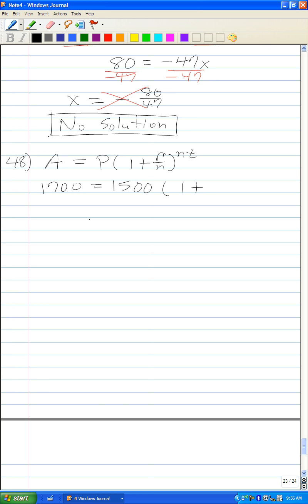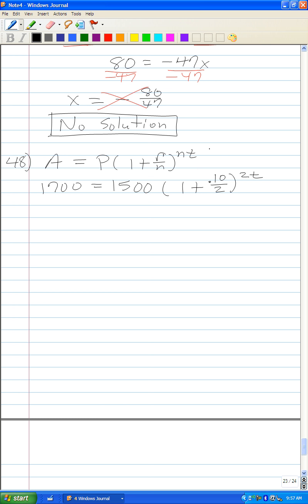We earn 10% compounded semi-annually, so twice a year. And we want to figure out how long it takes for us to do this. So P is 1,500, A is 1,700. Our interest rate r is 10%, 0.10. And the number of times we compound per year is twice per year. So n is 2. And t is the number of years.